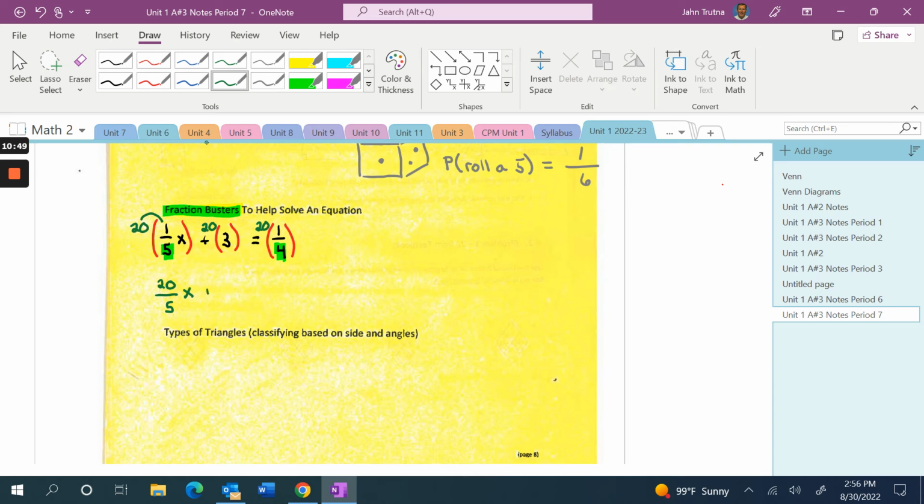Okay, now I'm going to jump over to the second part, the 3. 20 times 3 is 60. So the second part turns into 60. Then I'm going to jump over to the third part of the equation, the part on the right side of the equal sign. I'm going to multiply the 20 with which number only? The 1, so it becomes 20 over 4.